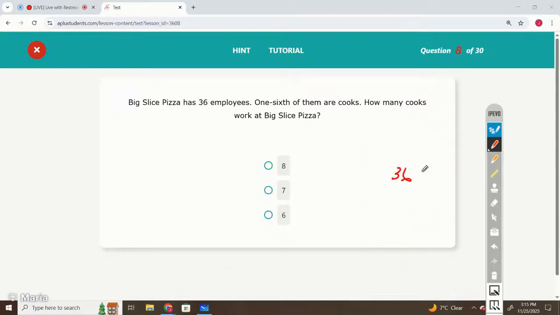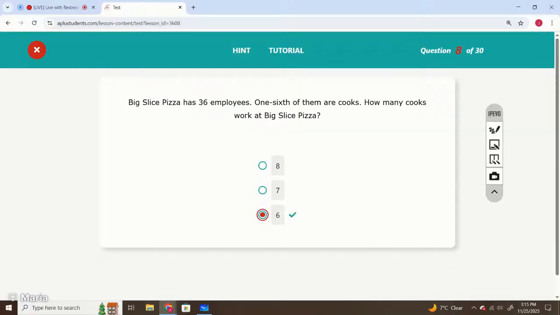That is 36 times 1 by 6. So 36 times 1 is 36 divided by 6. 6 times 6 is 36. That is 6. Option number 3 is the correct option.